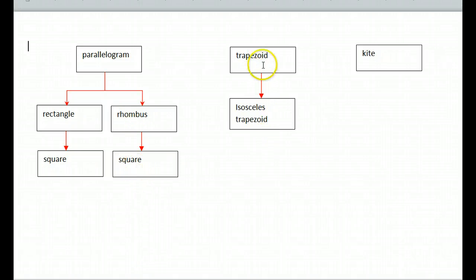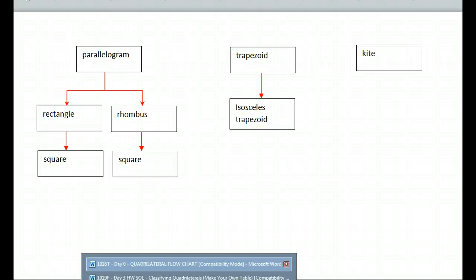If you choose trapezoid, you have to indicate why it's not an isosceles trapezoid. But if you choose square, isosceles trapezoid, or kite, you don't have to say what it's not, because there is nothing more specific. Looking at this diagram, you can see there's nothing underneath isosceles trapezoid or kite or square. This is the end of the line. This is as specific as it gets. But if there is something more specific and you're not going there, you have to say why you're not going to the more specific thing.